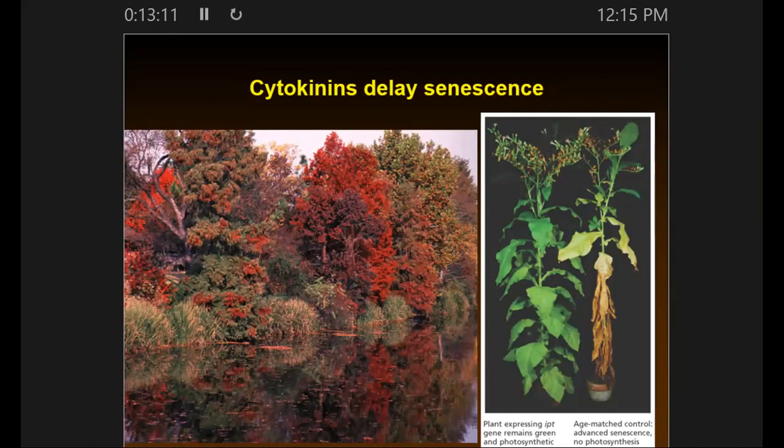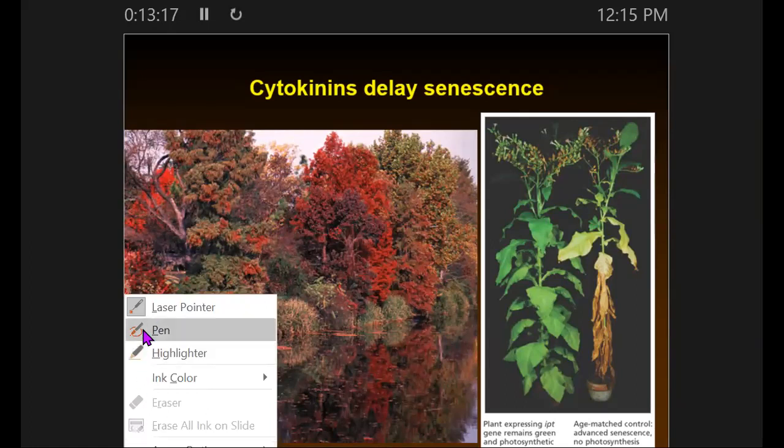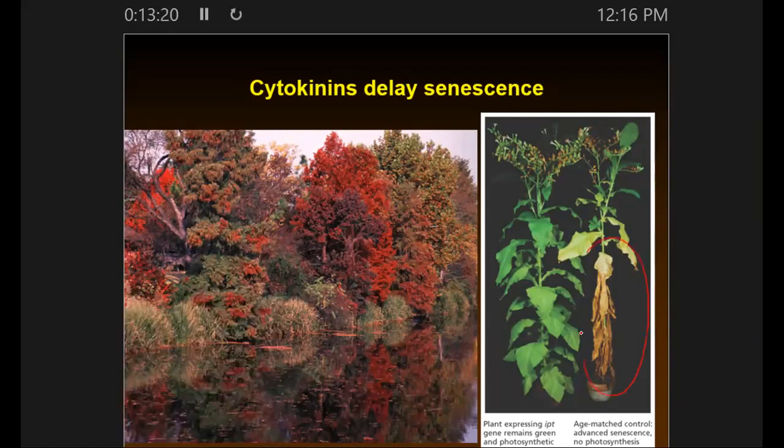The picture on the right here is trying to show the same plant, one that is senescing and the other that isn't. I think you can see, especially down here, this plant is looking kind of sad and it's dying off. The one on the left, I believe, was engineered to overexpress cytokinin, and so it's just delaying the senescence process.